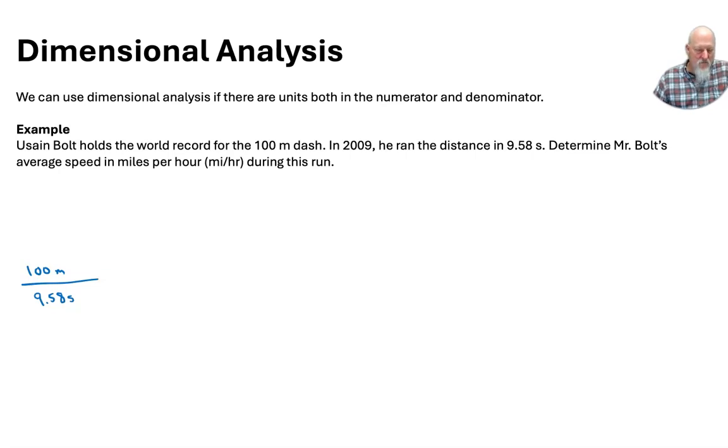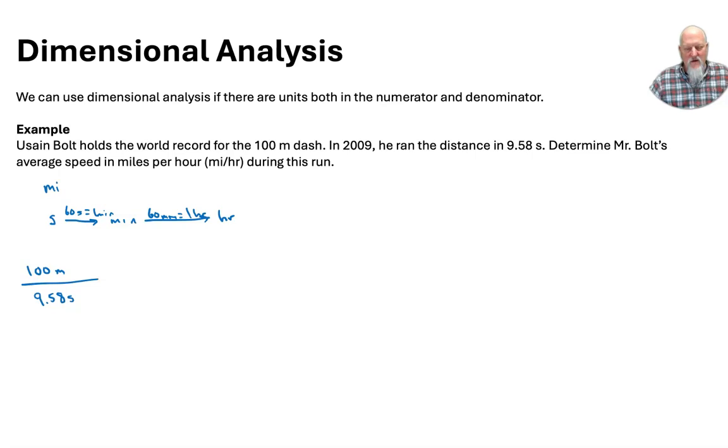So we need to convert meters to miles and seconds to hours. So I can go seconds to minutes because I know 60 seconds is 1 minute. And I go minutes to hours because I know 60 minutes is 1 hour. Okay, that'll convert my time.